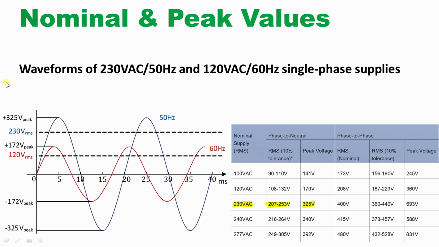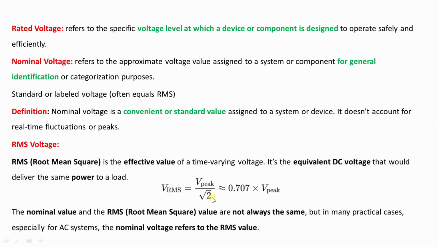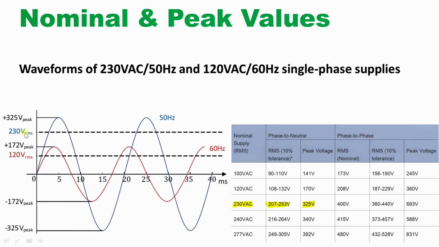You can see the sine waveform here and the peak value. The relationship between RMS and peak value is V RMS equals V peak divided by root 2, or V peak into 0.707. This is the relationship between RMS and peak value. For example, for 230 volt, multiplying by root 2, which is 1.414, gives 325.